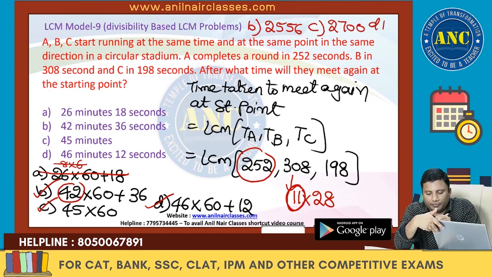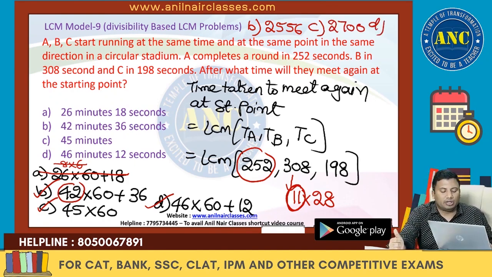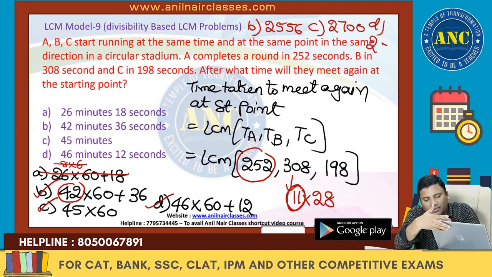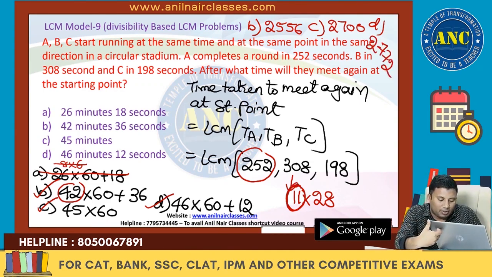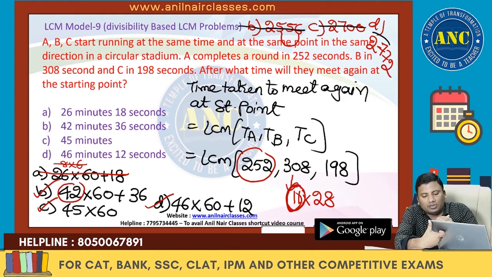D, 46 into 60 is 2760 plus 12, 2772. It should be divisible by 11. Sum of the odd places: 6 plus 5 is 11, 11 minus 7 is 4, so these are not divisible by 11. 2772 is the answer.